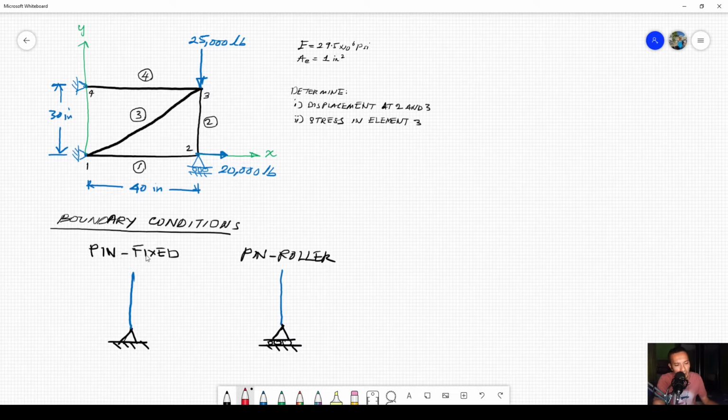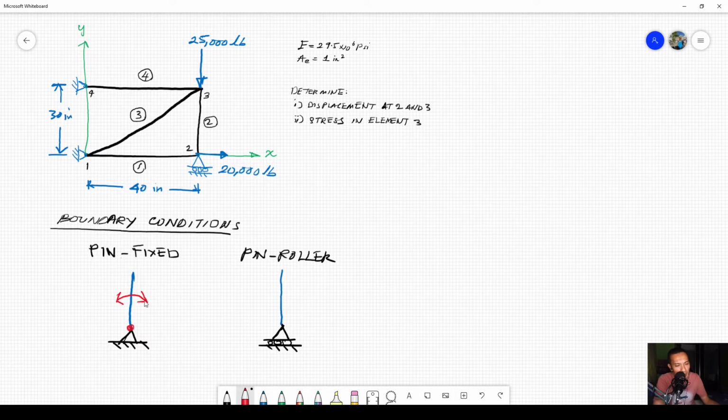The behavior of a pin fixed boundary condition tells us that any structure attached to the pin is free to rotate.